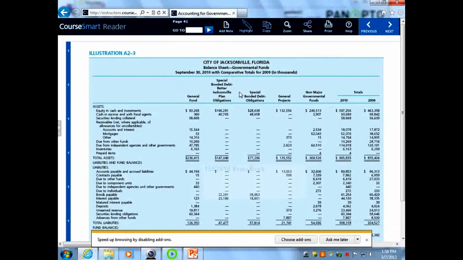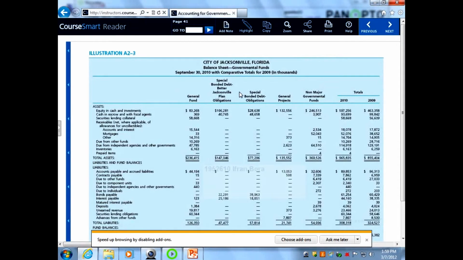So that leads to the next clue here. All major funds have to be recorded in their own separate columns, right? Now, I tell you that with a little caution. Some governments may decide that it's best accounting practice to show a fund, even if it's not a major fund. And GASB permits that.